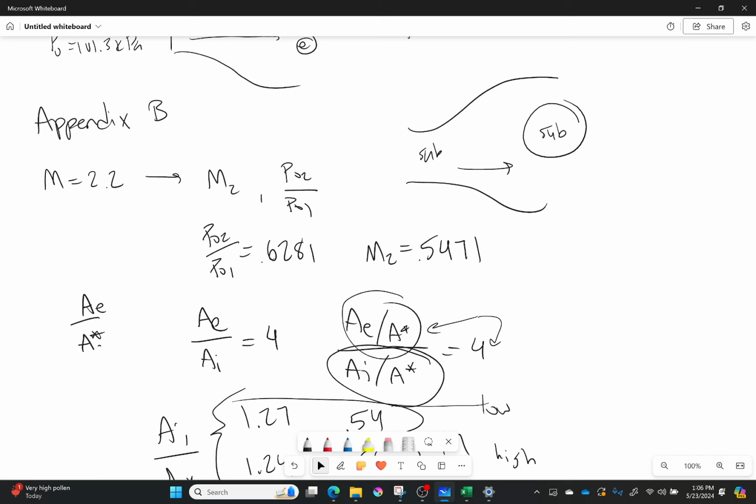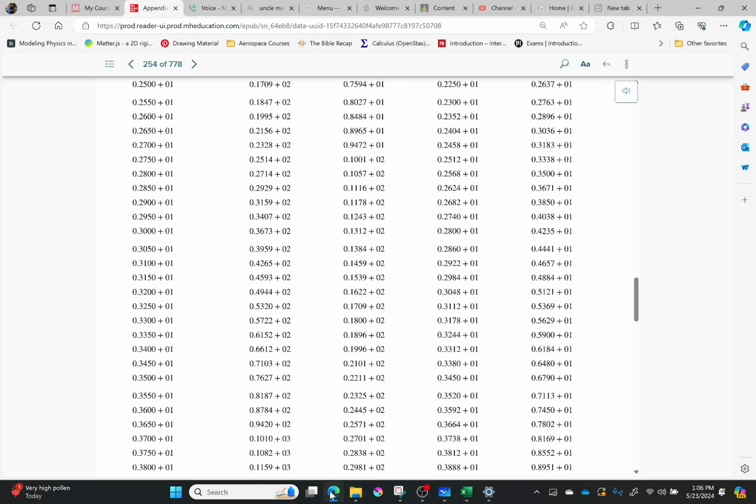If I'm subsonic, though, I slow down. And so for this table, it's actually multi-valued, which means that I can find the same value for high numbers and for low numbers. It just depends on whether it was subsonic or supersonic to begin with. You have to be careful with that. I know it was subsonic to begin with, so it means it's going to get slower in a diverging nozzle. And so I need to look at low values rather than high ones.